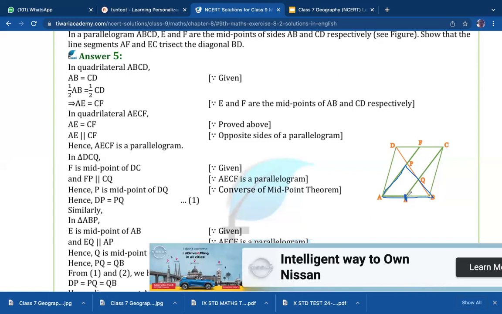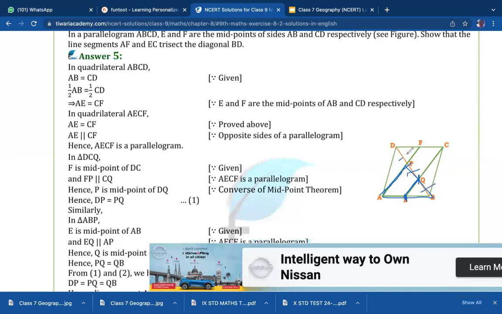It is parallel to the second side because AECF is a parallelogram. So it will always bisect the third side. That means Q bisects BP. That means this part PQ is equal to QB.